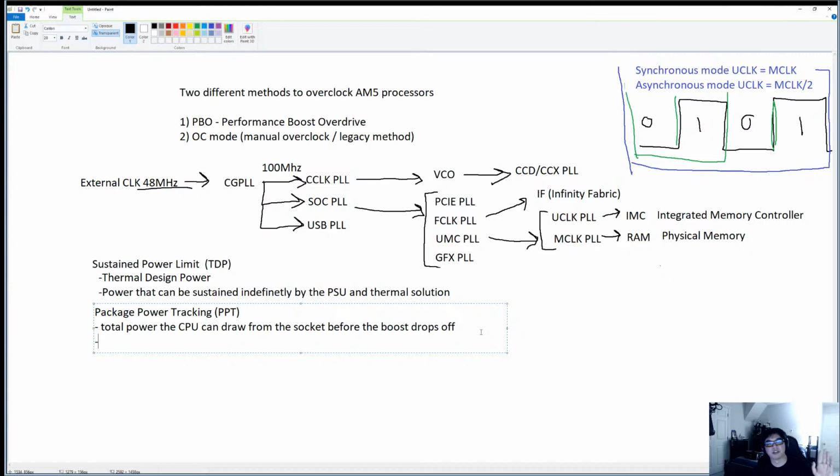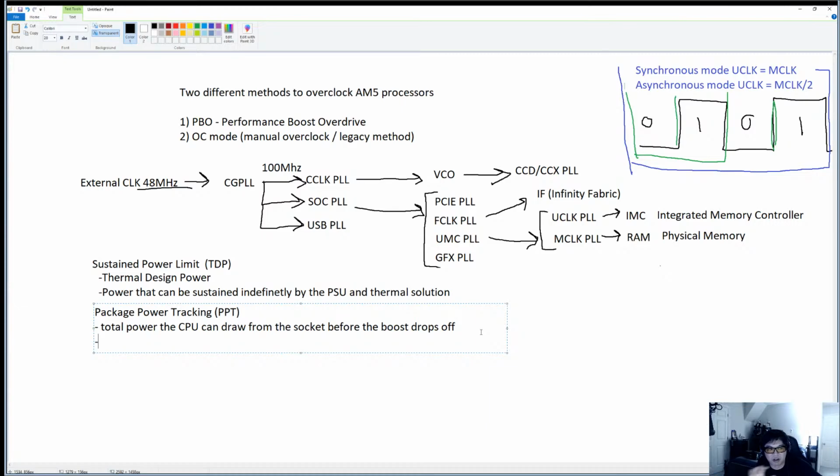So the limiting factor on the PPT is usually not going to be the motherboard, but it can be. I guess this parameter depends on the VRMs. But usually, if you're overclocking on AM5 and you're using a motherboard like the Asus Crosshair, ASRock Taichi, Gigabyte Aorus, or maybe the BioStar Valkyrie, although I don't really know how to navigate that BIOS, or MSI MEG or even the MPG, all of them have legitimate high-end VRMs.